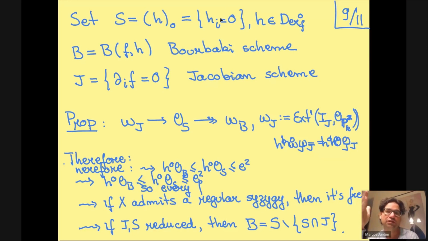And the Bourbaki scheme will always satisfy this formula here. So the Bourbaki scheme is always contained in the zero set of the syzygy, and the difference between the Bourbaki scheme and the zeros of the syzygy is always contained in the Jacobian scheme.